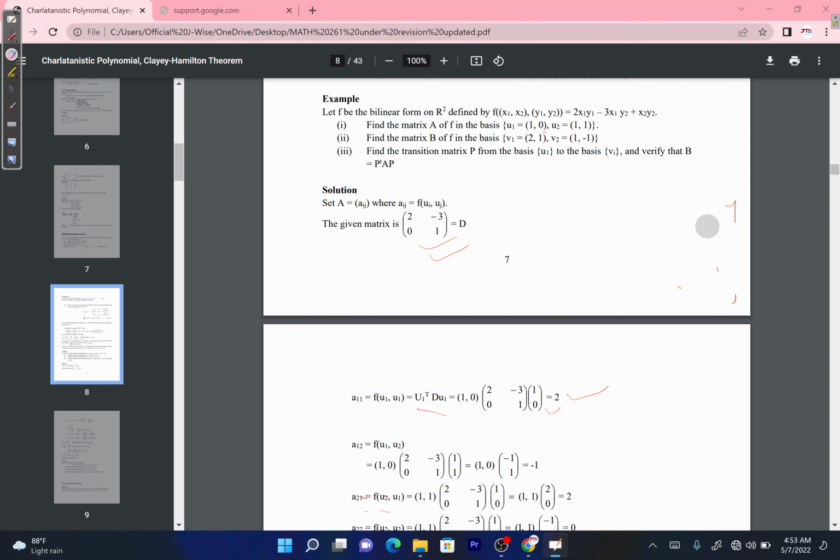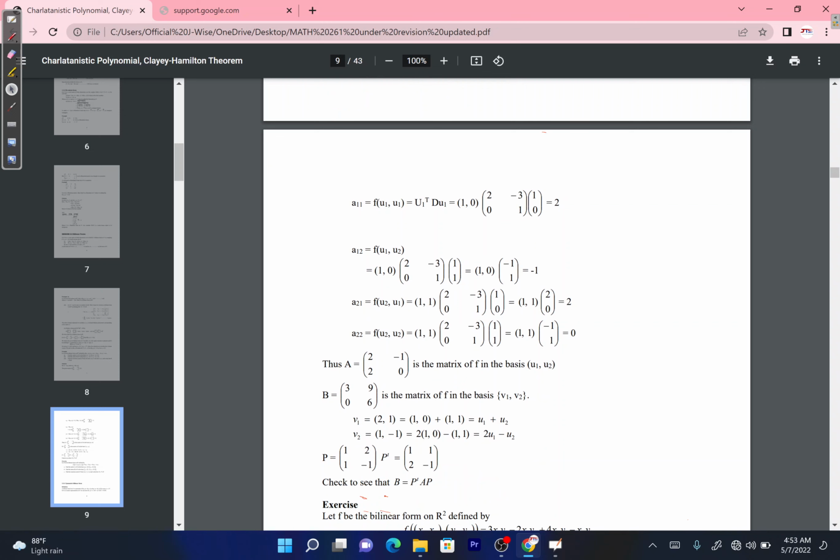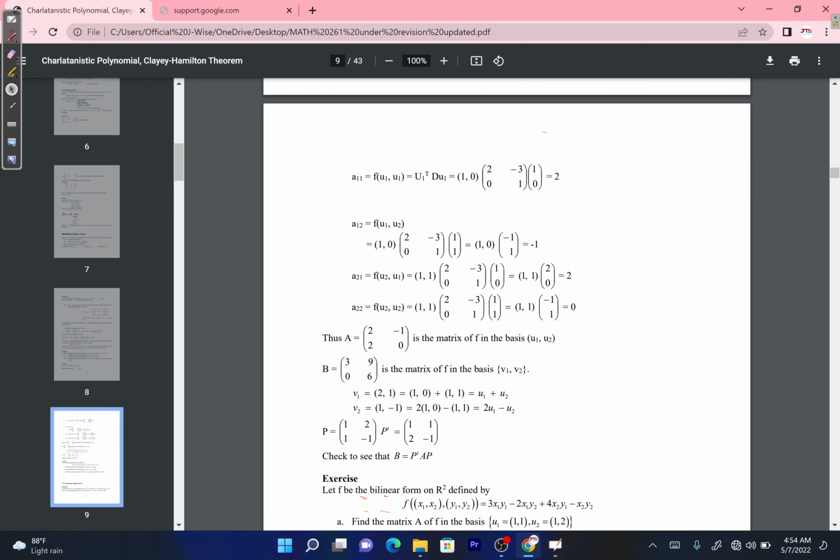A12 is given by f of u1 u2, which is the same as u1 transpose D u2. So this is u1 transpose, this is D, and this u2 is given by 1 1. When we solve this, you get -1.